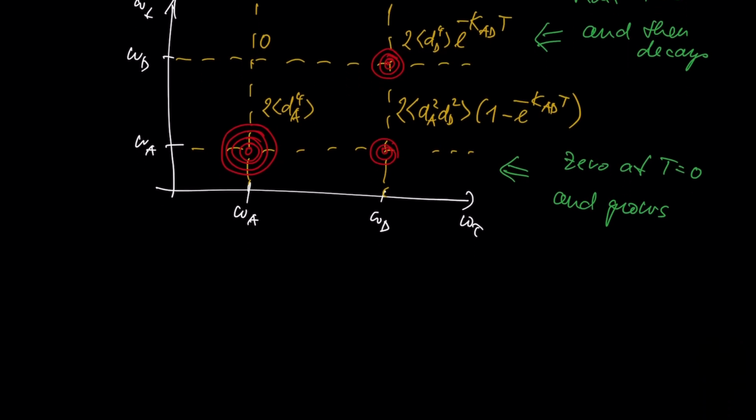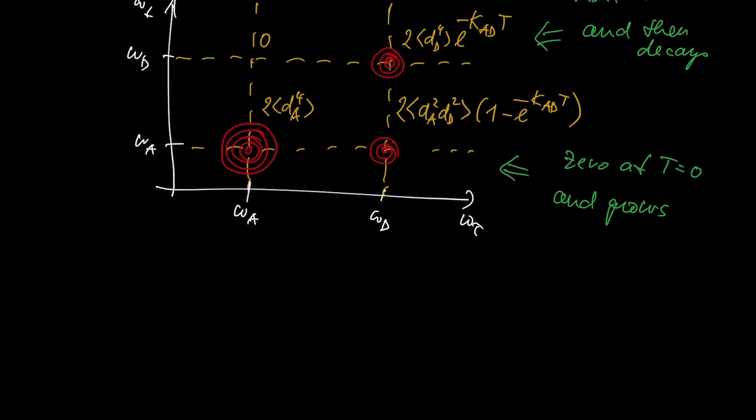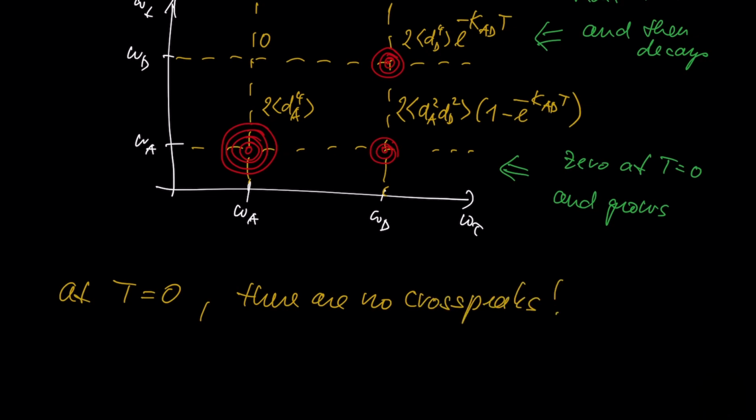So it's also very important to realize that at T equals 0 there are no cross peaks. There are no cross peaks here, and that's because the molecules are, from the point of view of spectroscopy, non-interacting.